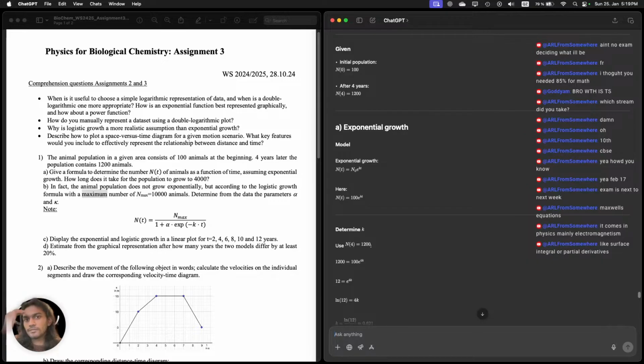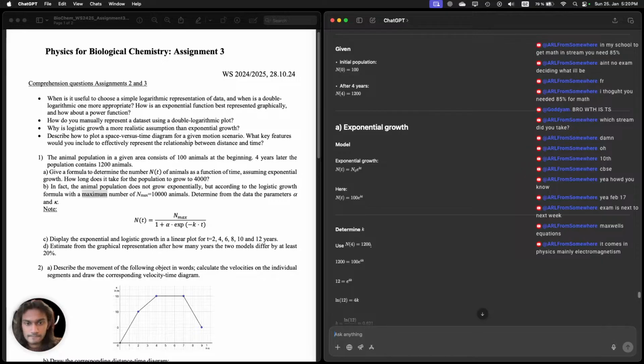You need above 85 on an overall percentage. I think that's how it works, right? But I did take bio math, and it was CBSE. I took 11, 10, 12 CBSE. Okay, maybe it depends on school. Maybe that's also a deciding factor. Ain't no exam deciding what I'll be. Hell yeah.